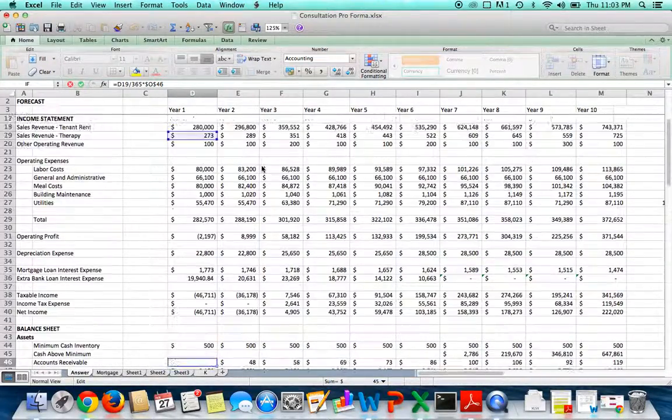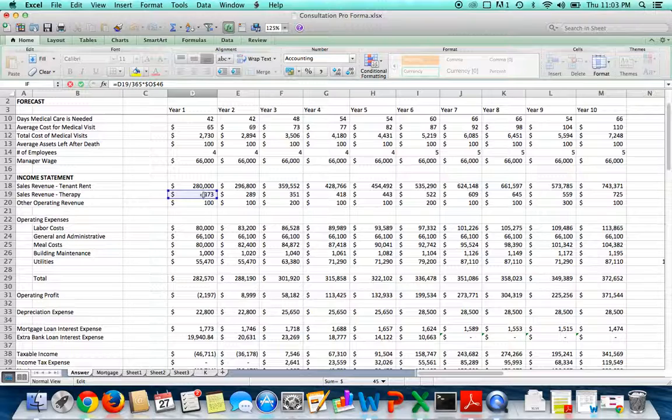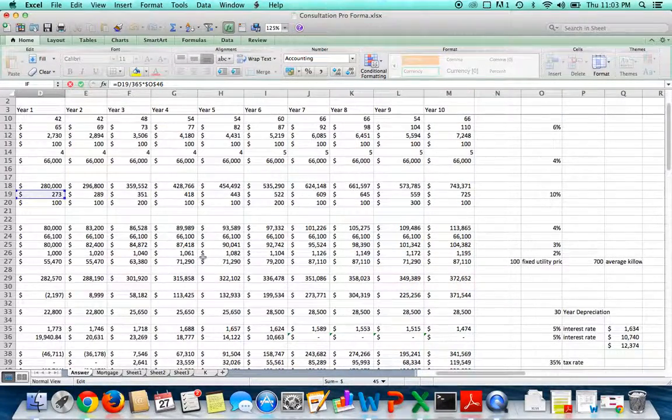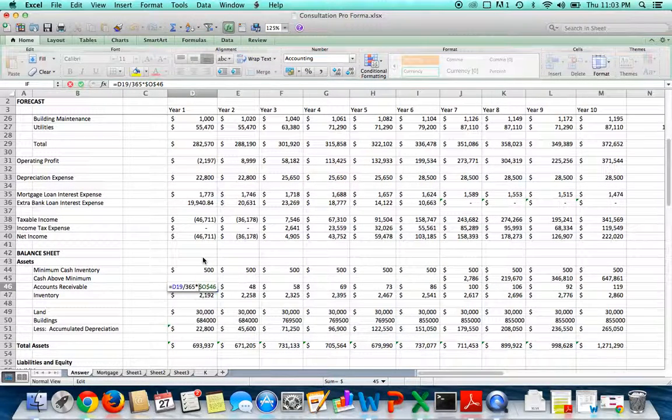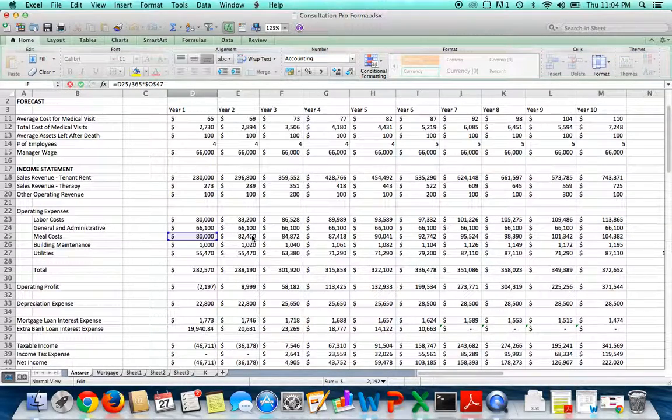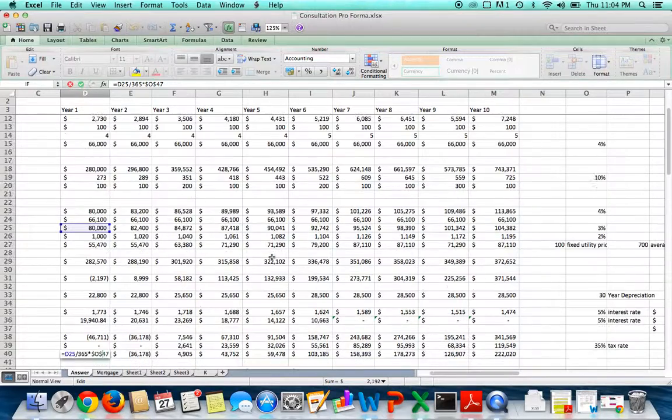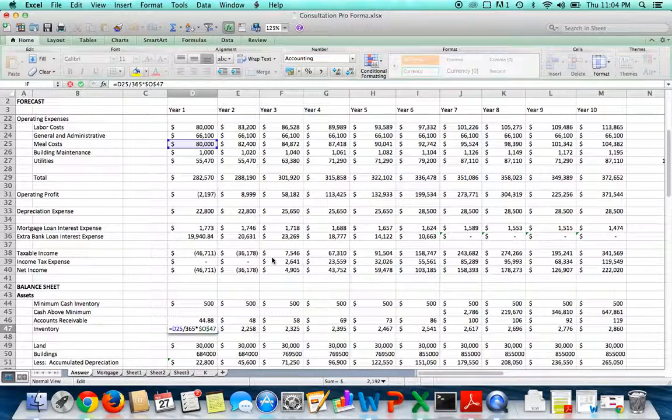Our accounts receivable are tied into our sales revenue, because we said that we wouldn't get paid on those commissions right away. And so we said that they had a 60-day receivable. Our inventory is tied into our meal cost, and we said that those had a 10-day account.